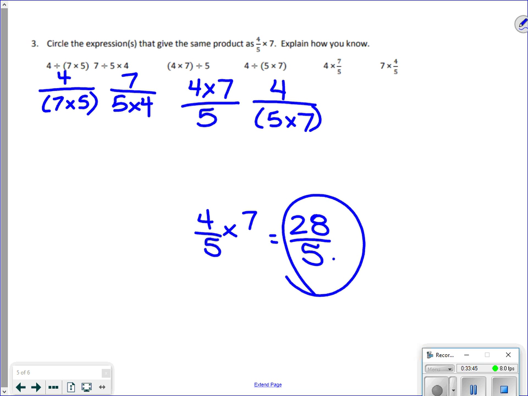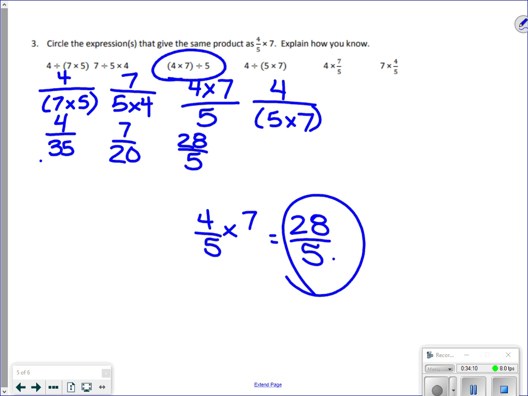So this ends up being 4/35. Will this one be it? No. 7/20. Is this it? No. 28/5. Is this one it? Yes. The third one is it. 4/35.